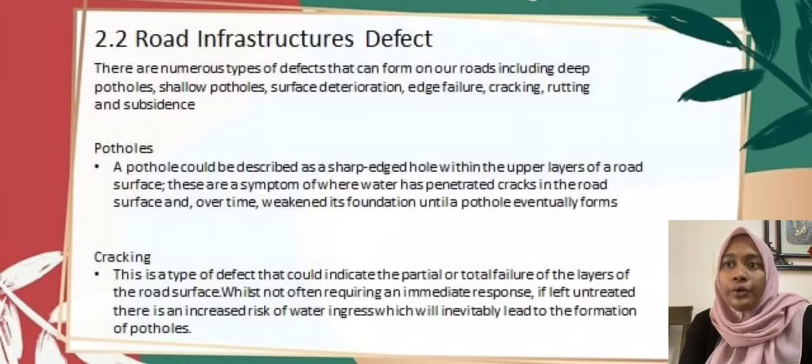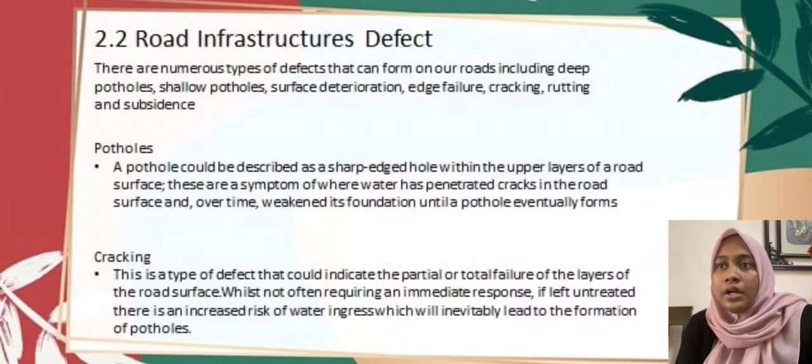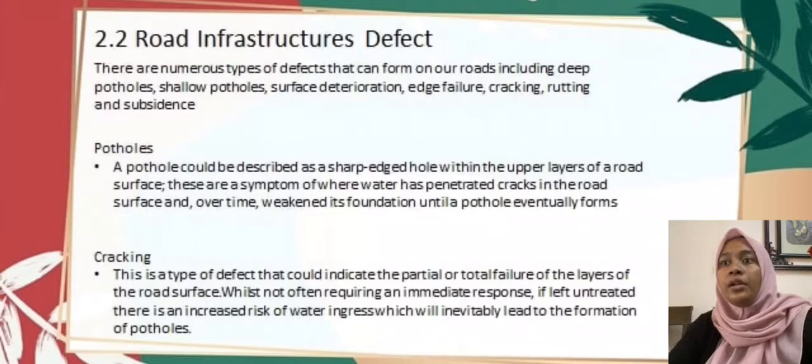A pothole can be described as a sharp-edged hole within the upper layers of a road surface. Those are a symptom of where water has penetrated cracks in the road surface and, over time, weakened its foundation until a pothole eventually forms.